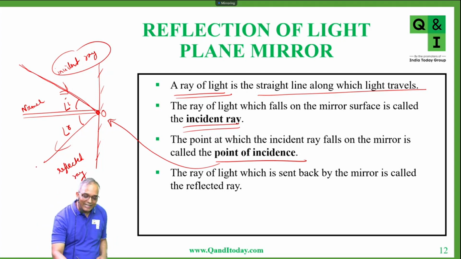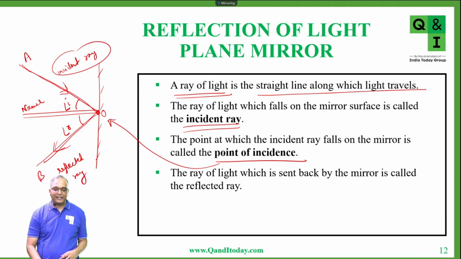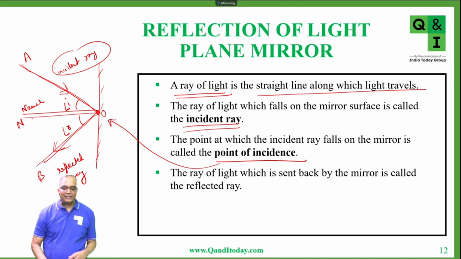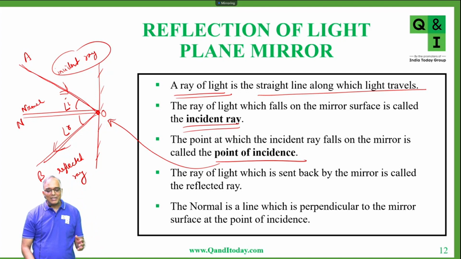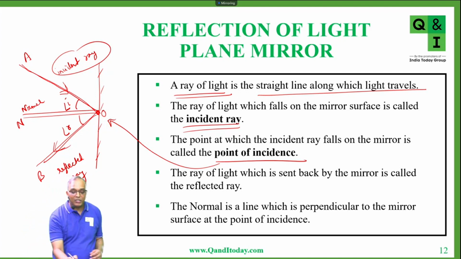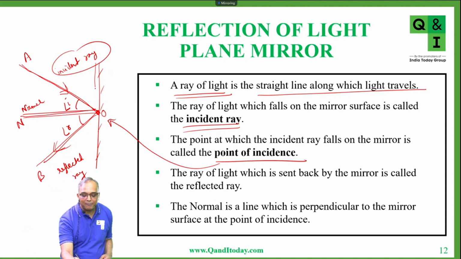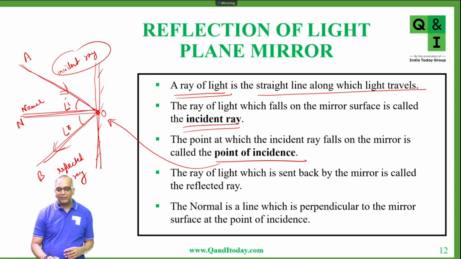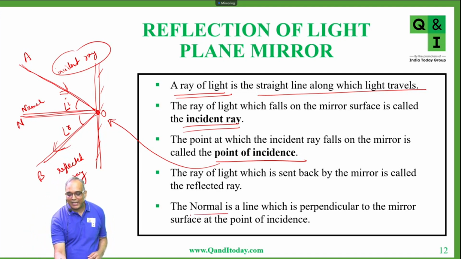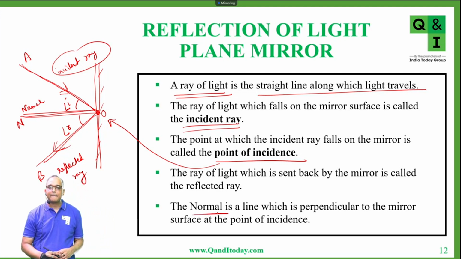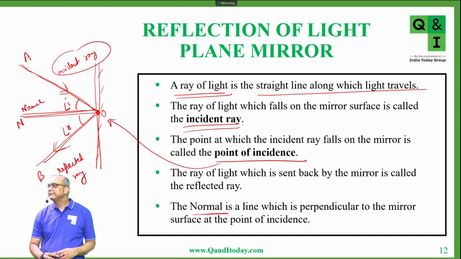So for example, if I say AO is the incident ray, OB is your reflected ray, and let's say ON is your normal. Clear? Normal is a line which is perpendicular to the mirror at the point of incidence, and this line is called the normal. Is it clear, students?